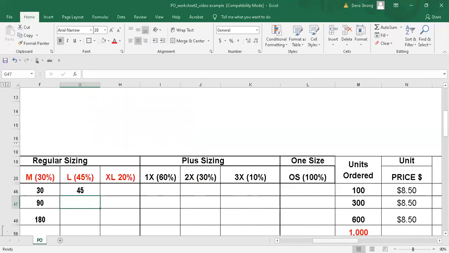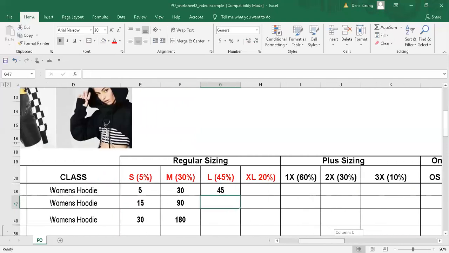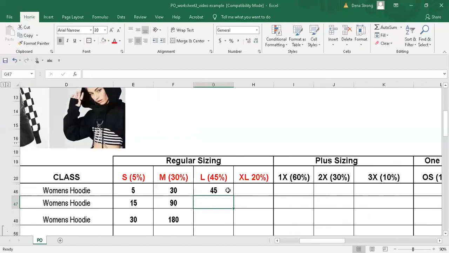So 45 of the black and white will be a size large. So once again, let's populate to speed things along. 135 units will be in a size large for the red, and 270 units will be a size large in the black.